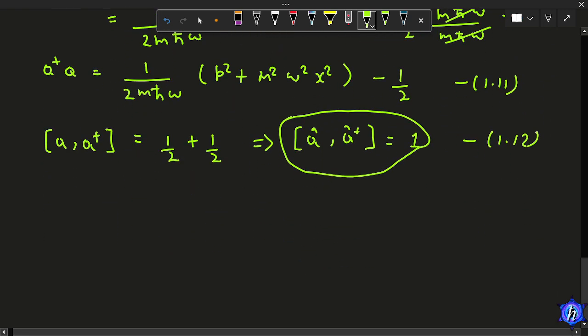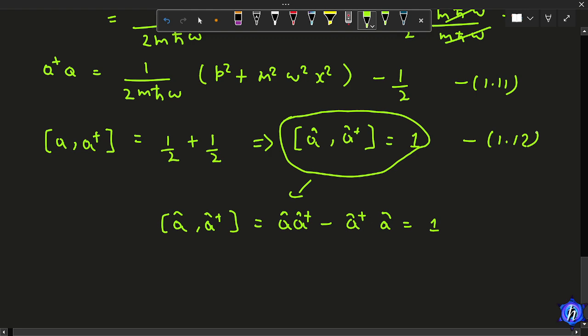Okay, let's do that. Let me open this commutator of A, A dagger. This is nothing but A A dagger minus A dagger A. This is equal to 1.